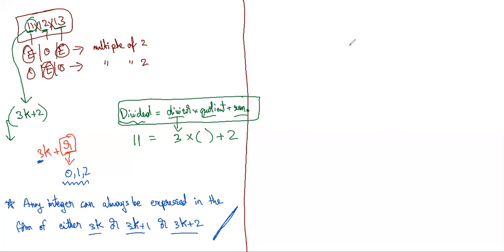Now, why is this important? This is important because now let us come back to this question. If you have 3 consecutive integers, then out of the 3, the first one will either be of 3k, 3k plus 1 or 3k plus 2 form. In this case, this is 3k plus 2 form.